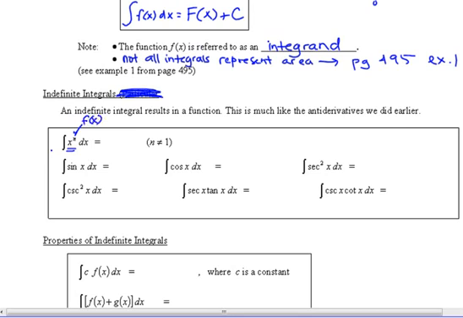That's our f of x times dx, length times width. So when we actually find the antiderivative, we use the same rule. So what's the power rule? What's the antiderivative of x to the n? x to the n plus 1 over n plus 1, or 1 over n plus 1 times x to the n plus 1. All right, these all apply.